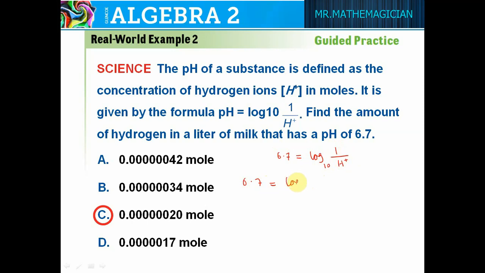This will be log 1 base 10 minus log H positive base 10. 6.7 stays the same. Log 1 base 10, you know that it will be 0, minus log H positive base 10.